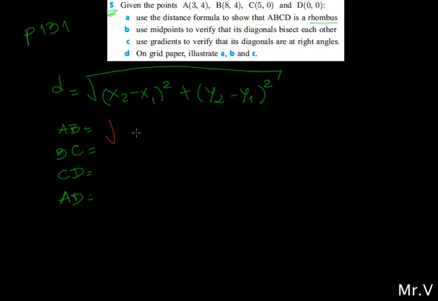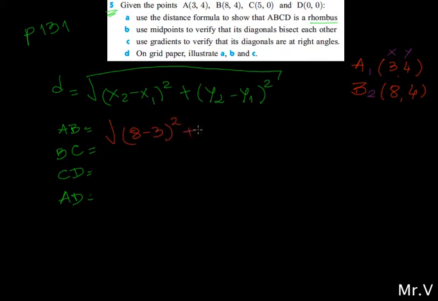So of course my square root, I decide what the points are, so I'm going to do AB, so I write A (3, 4), B (8, 4). Again, same method as before, x, y, 1 and 2. Now x2 is 8, simple, minus x1, 3, perfect.